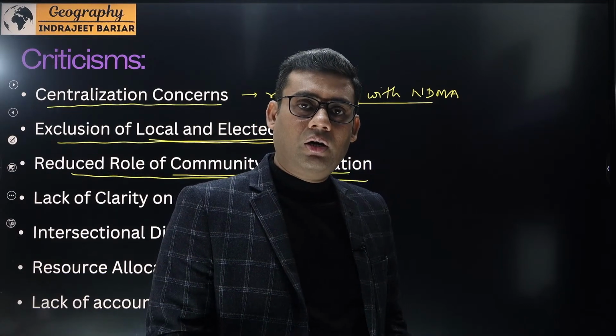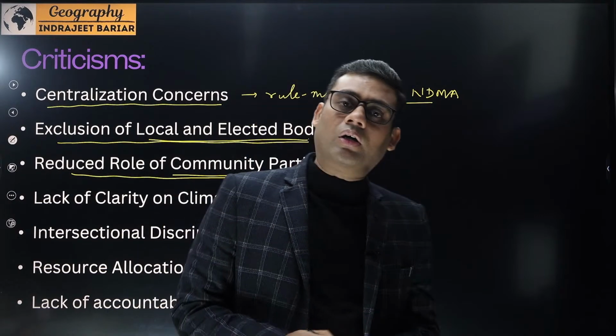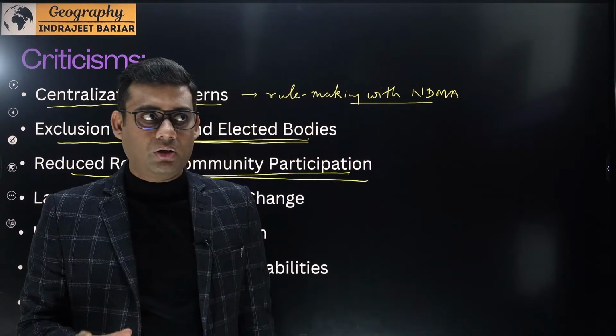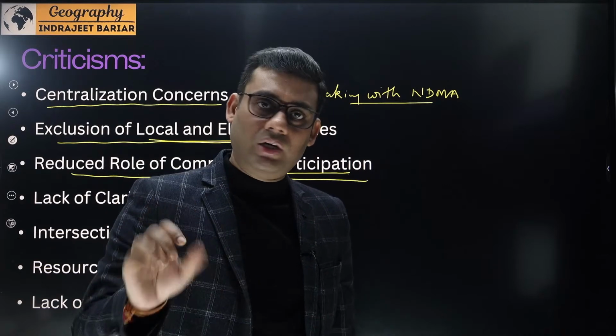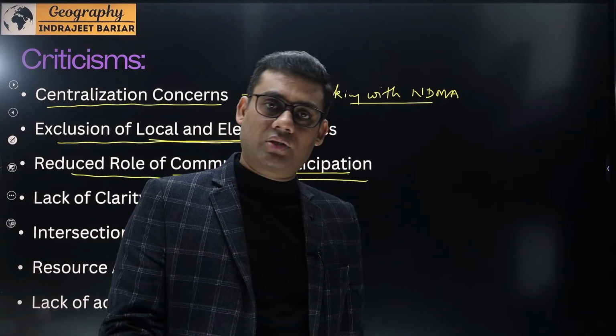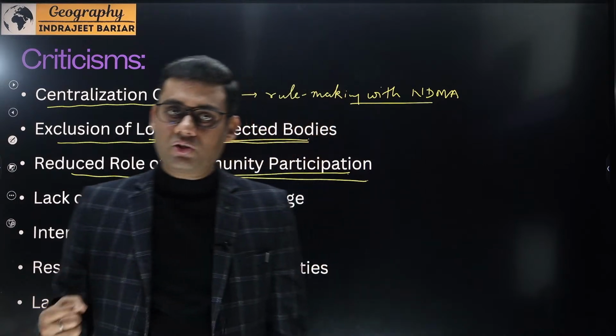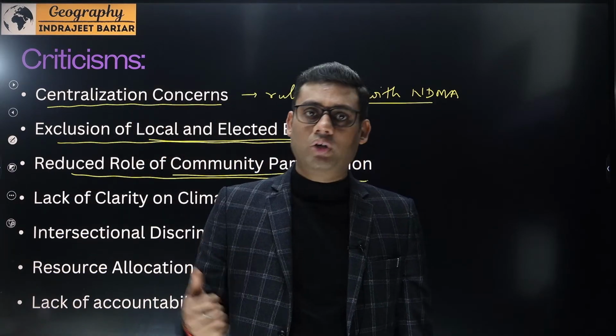These protocols have mainly focused on community level participation, accepting the idea that the community is the first responder to any disaster. Whenever a disaster happens, they are going to act first. And so there has to be a major focus on the empowerment of these communities.